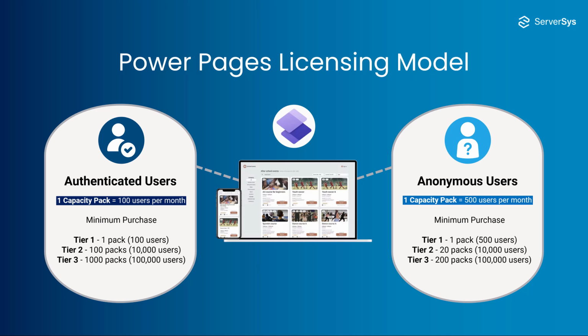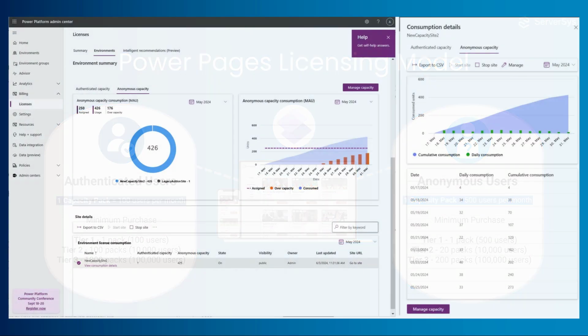The minimum capacity is 500 users per month, and additional packs can be added in multiples of 500. Tiered rates are also available when capacities are needed above 10,000 or 100,000 monthly anonymous users. Within the Power Platform Admin Center, administrators can check and manage capacities for Power Pages anonymous and authenticated users.